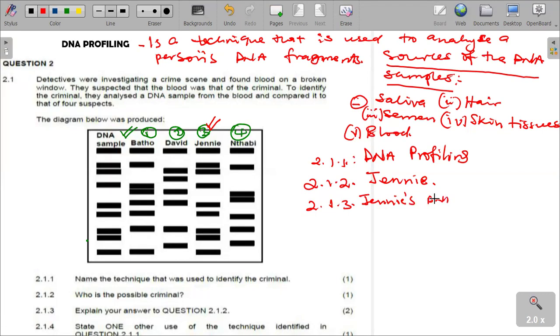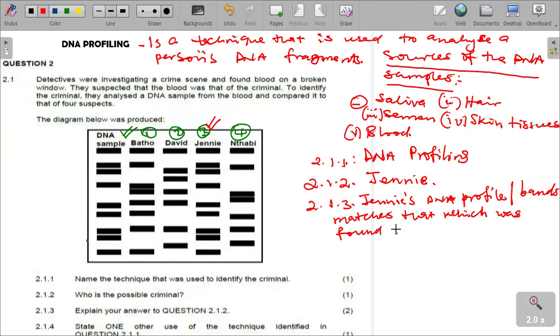Jane's DNA profile matches that which was found on the crime scene.